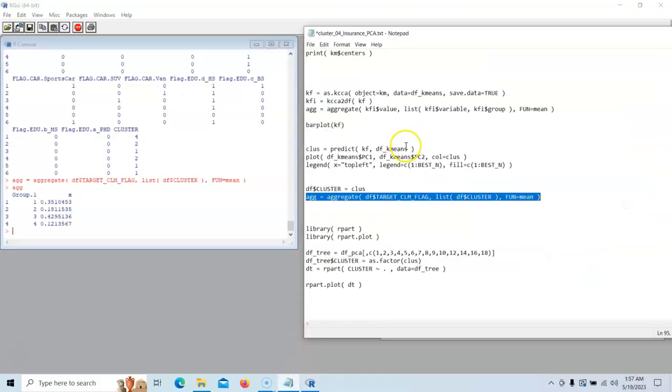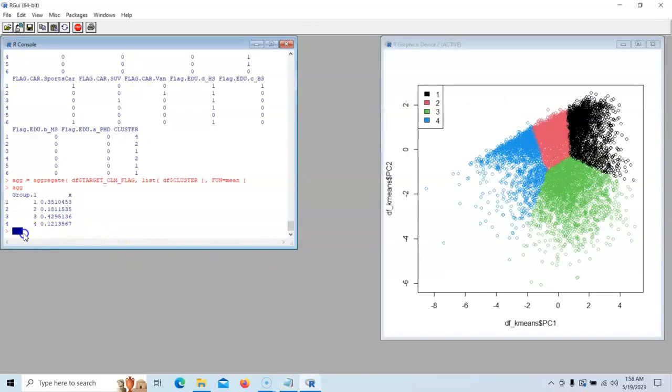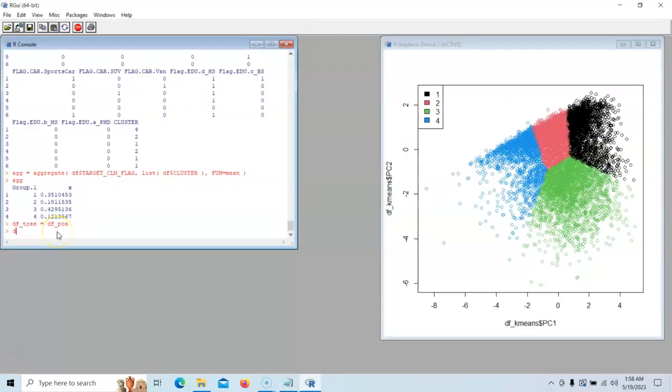What I'm going to do is take my principal component analysis data set, and copy it into another data frame I'm going to call tree. So let's copy it over. Data frame, head, data frame, tree.